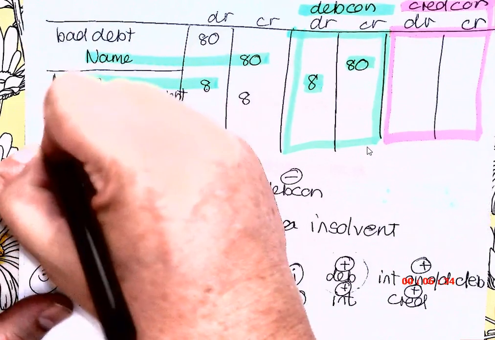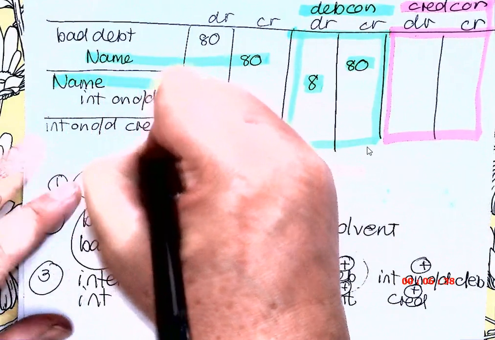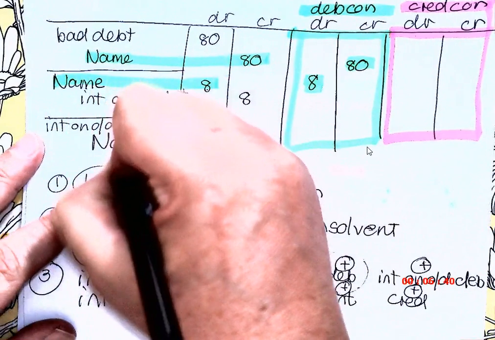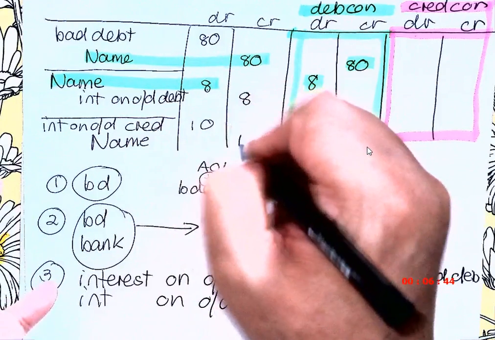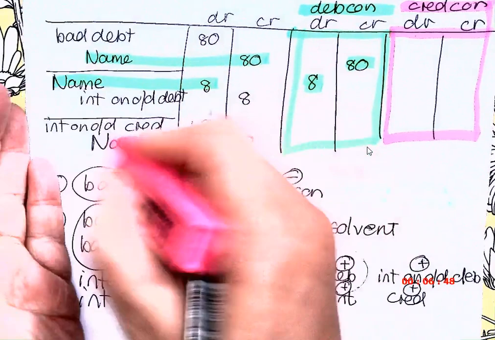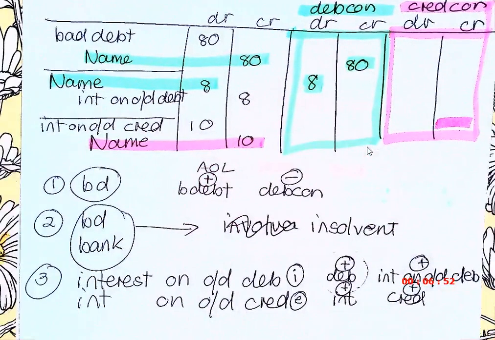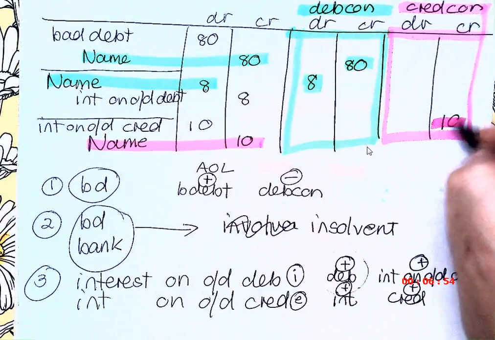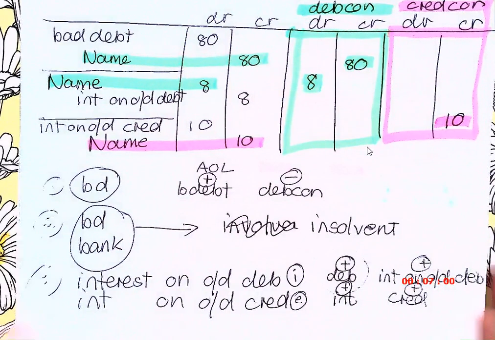So I'm going to debit interest on overdue creditor, and I'm going to credit the creditor. Let's say 10 rand. Now, the name is credited, which means the creditor's control is credited. Can you see that? Okay.